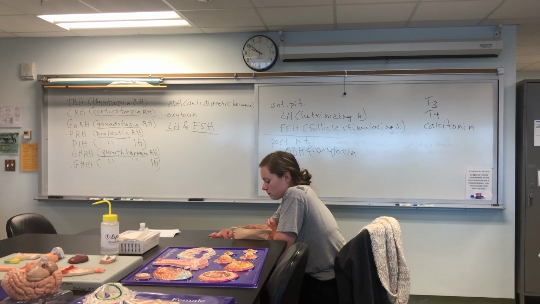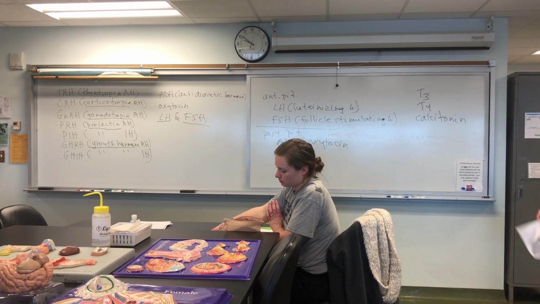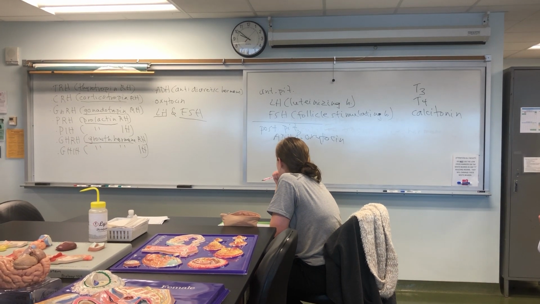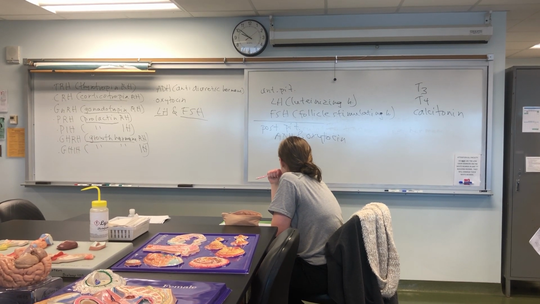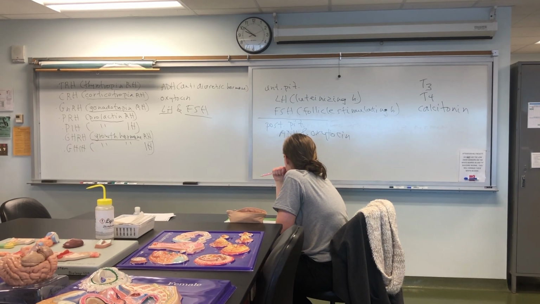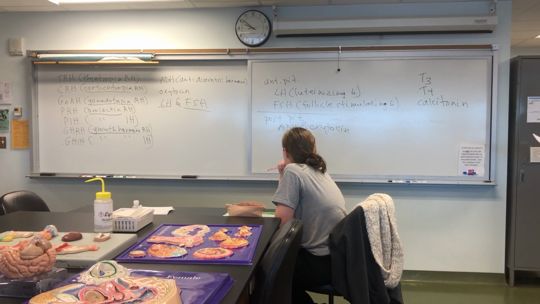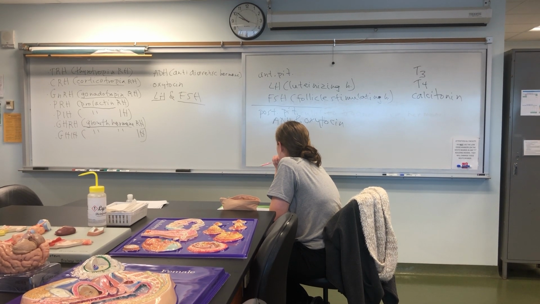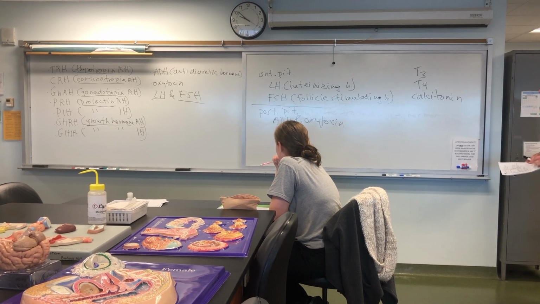But functionally, if you haven't had endocrine yet in the lecture, you'll be hearing about how they differ and their effect on target cells. Calcitonin, completely separate, different kind of hormone. It's a protein. It's a much more molecularly massive molecule.